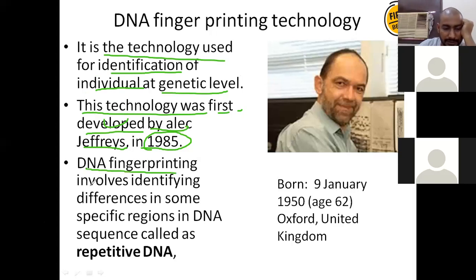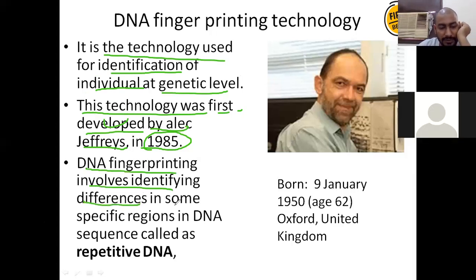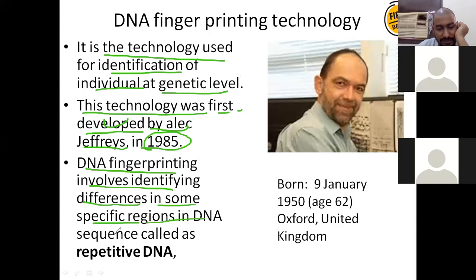DNA fingerprinting involves identifying differences in specific regions of the sequence, and this is called repetitive DNA. What is the meaning of repetitive? Suppose A. If the DNA molecule has a sequence like this, it is called repetitive DNA.